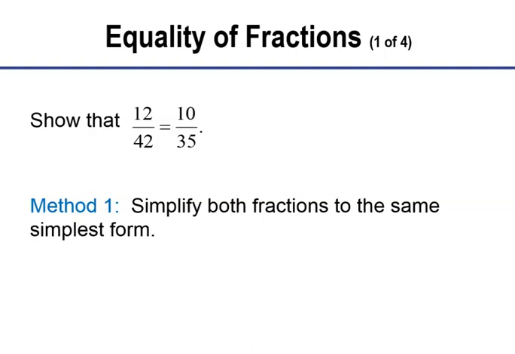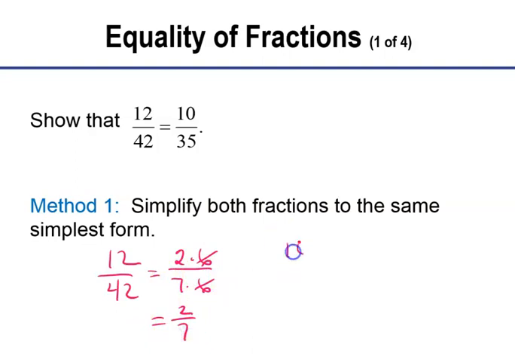But in this problem, if you simplify 12 divided by 42 to its simplest form, think about what divides both of these. I could write 12 as 2 times 6, and I could write 42 as 7 times 6, and those cancel to give me 2 sevenths.